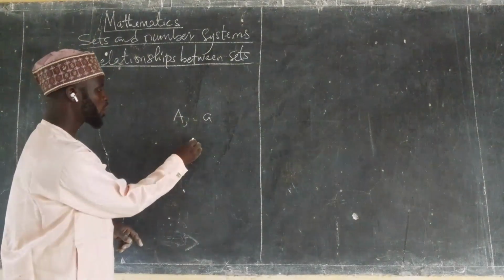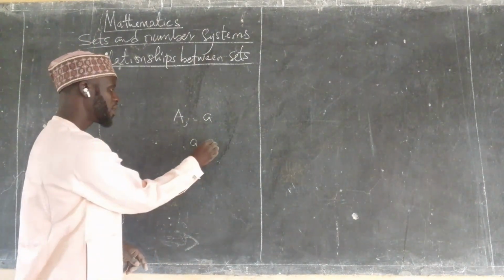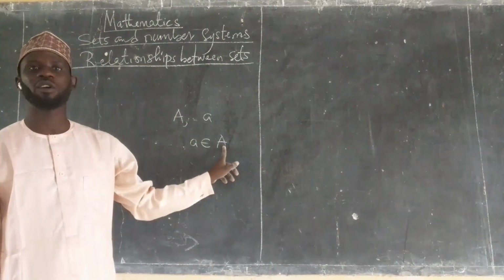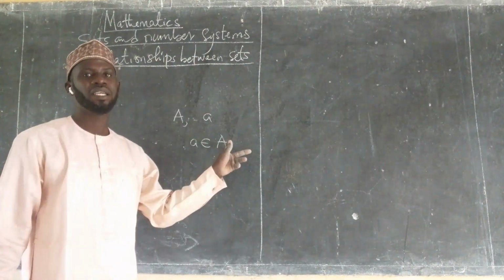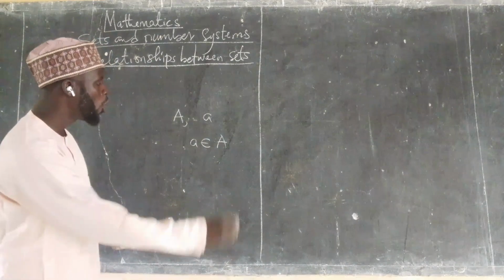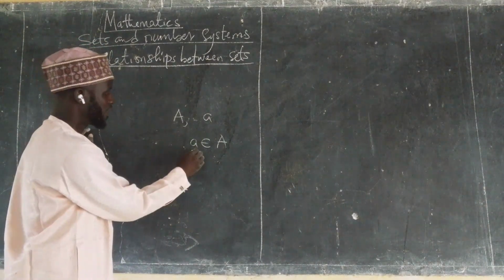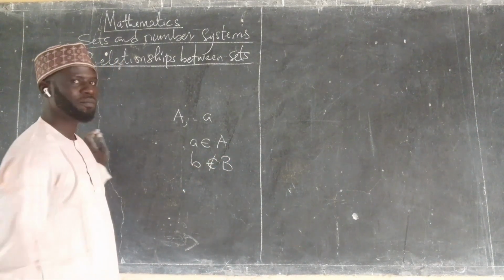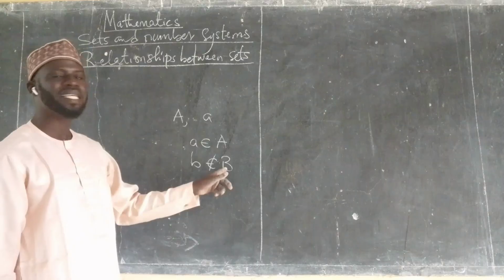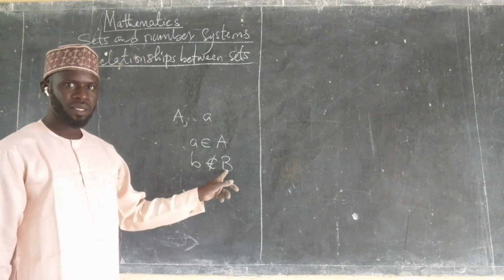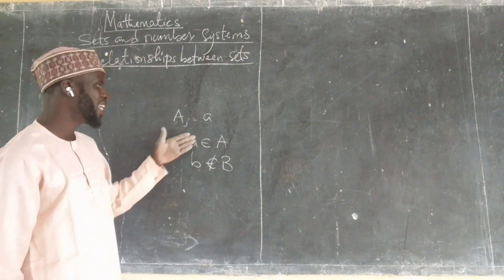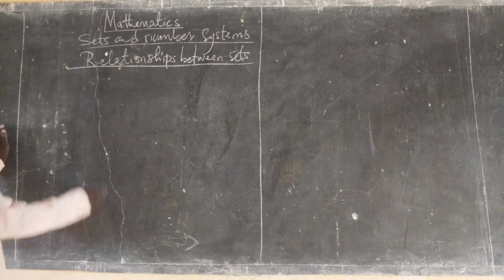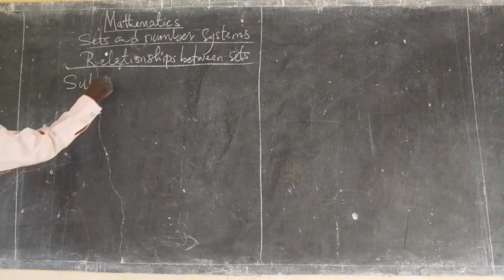We write a is in A if a is an element of A, meaning a is contained in the set A. If it is not a member, we say b is not an element of B, if you cannot find b inside the set B. So that is the relationship between a set and its members. In today's video lecture, we are going to look at subsets.